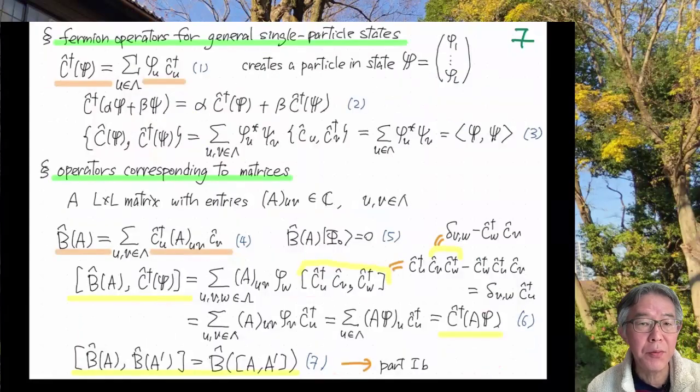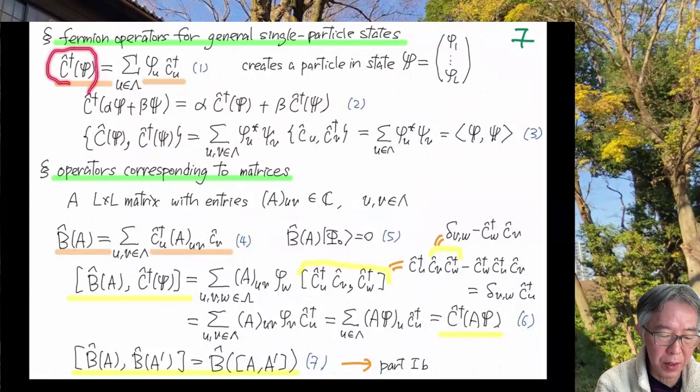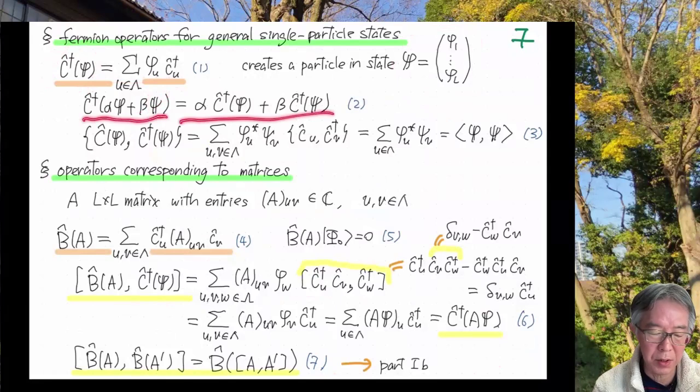Okay, so let me define something more sophisticated. So take any single particle wave function phi, and then this c dagger phi is a fermion operator that creates a particle in this state. Okay, and by definition, if you take a different state psi and alpha, beta complex coefficients, this satisfies this linearity.